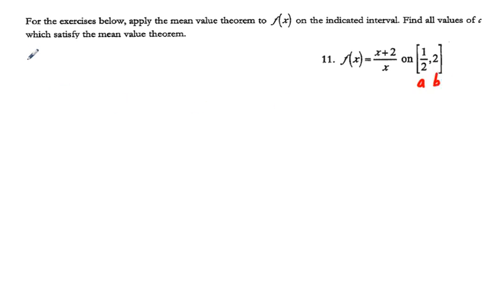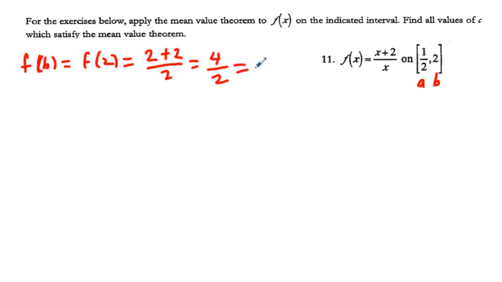So f of b is f of 2. Substituting in 2 in place of x, 2 plus 2 over 2 is equal to 4 over 2, which equals 2.